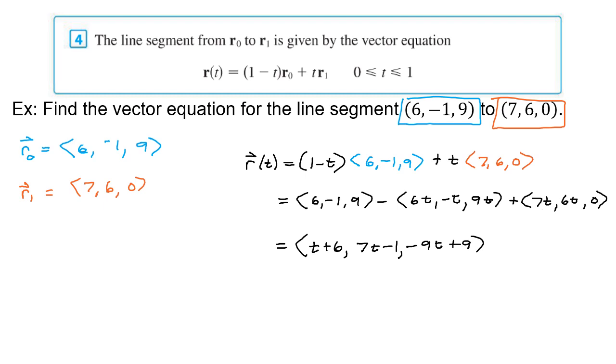And that's for t's being between 0 and 1. So you could write it like that, or like I said, you could put it in IJK notation. It just all depends on how you want to write it. So hopefully that makes some sense.